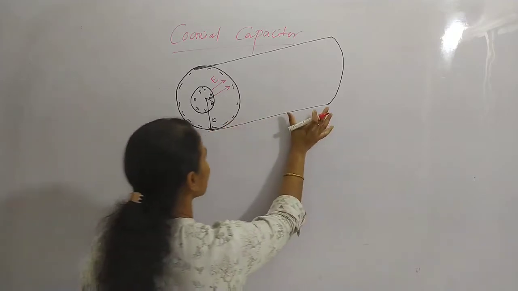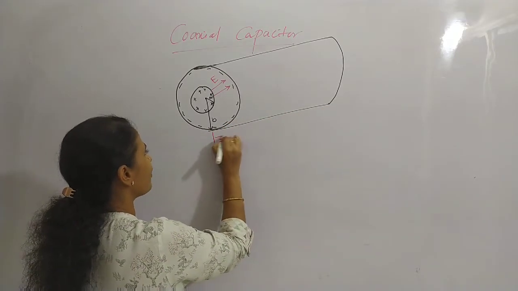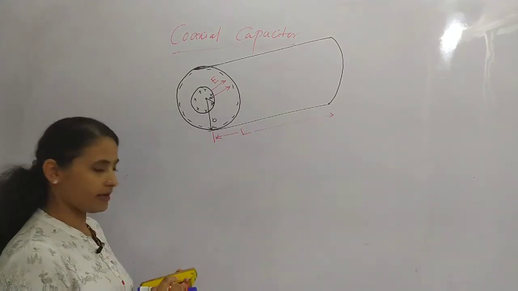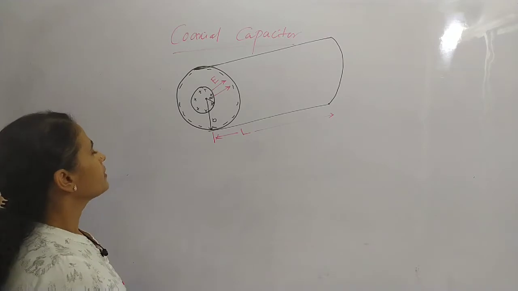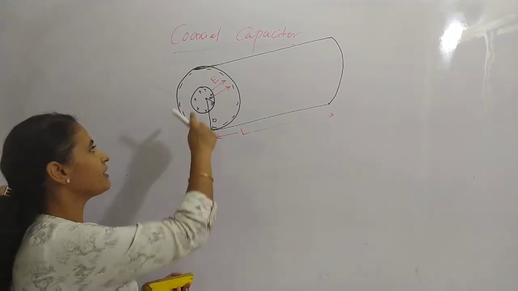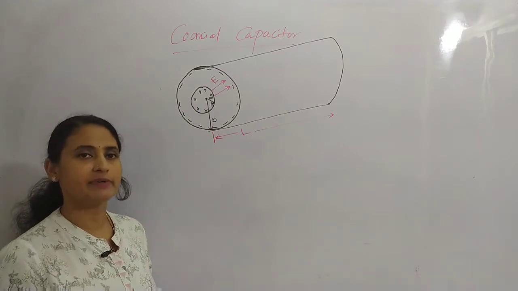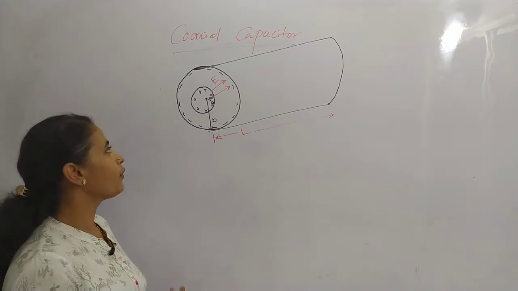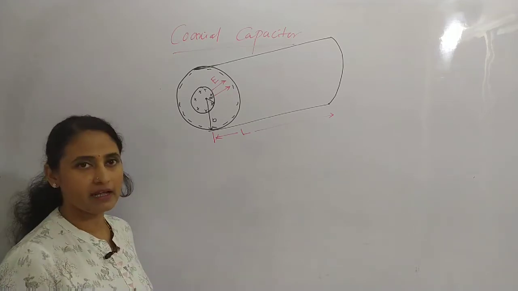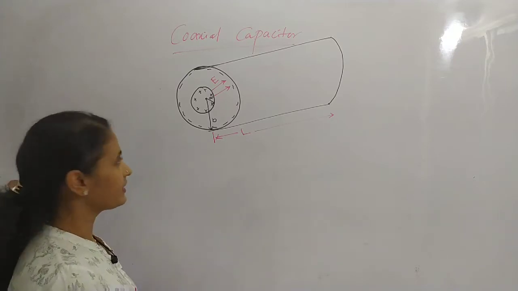Okay. So let this coaxial capacitor or coaxial cable have a length of L meters. Now there are two plates, maybe in a circular form, one with a positive charge and the second with the same amount of charge with a negative sign, and both have different radii, A and B, and there is one dielectric medium between these two conductors.